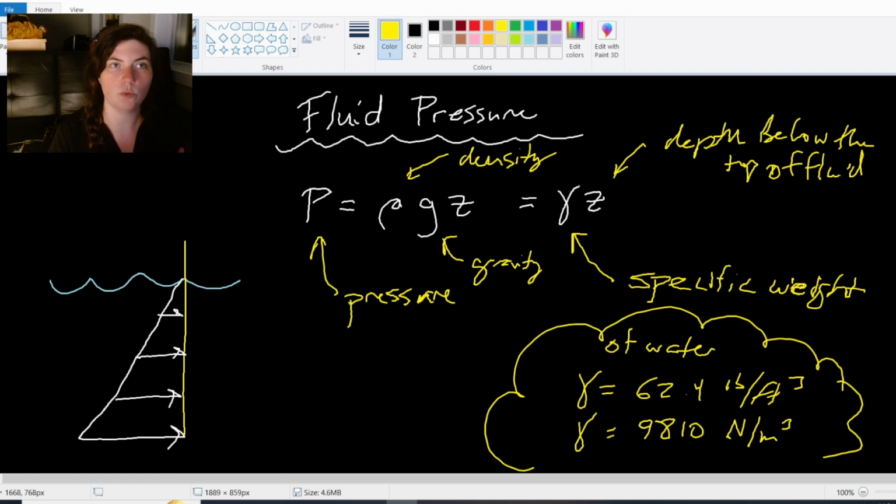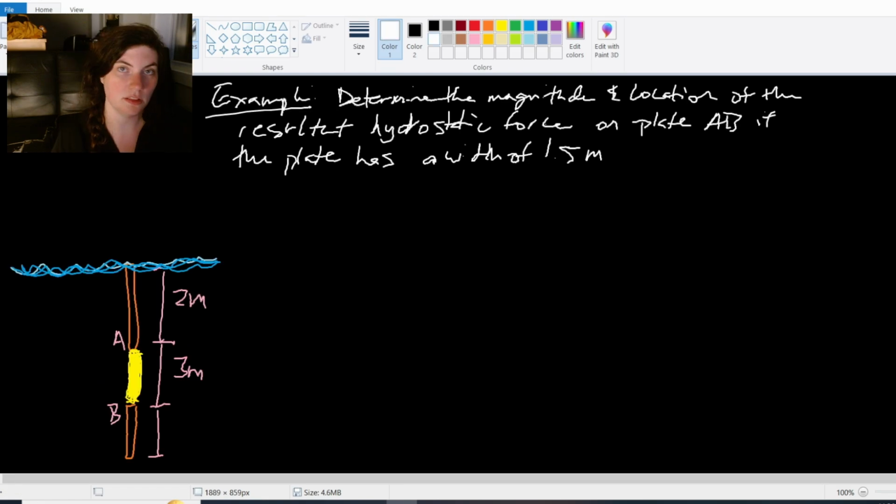Let's work through one example to get a feel for how these pressures work, which is very similar to our distributed load, where we can find the loading on the side of the boat as a resultant force. This example asks us to determine the magnitude and location of the resultant hydrostatic force. Ooh, statics and hydro, right?